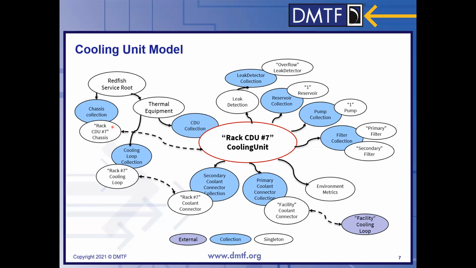So we want to make sure that folks trying to map their data center and find out all of the equipment in a rack should be able to traverse the rack and find all of the gear that's installed. And the way that is done is by looking at all the chassis resources. So we want to make sure that all of this gear has both functional models, which is the cooling units in this case, but also the physical model, which is the chassis.